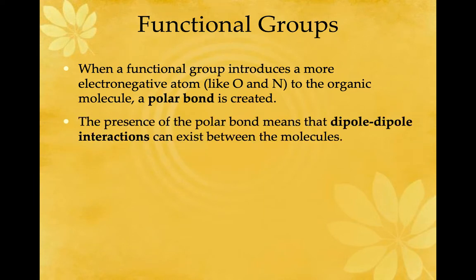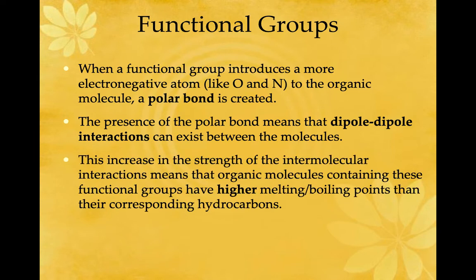And so because there's polar bonds, these molecules can have dipole-dipole interactions between them. So they have stronger intermolecular interactions. And what that means is that molecules with these functional groups will have higher melting or boiling points than their corresponding hydrocarbons because their intermolecular interactions are stronger and harder to break.